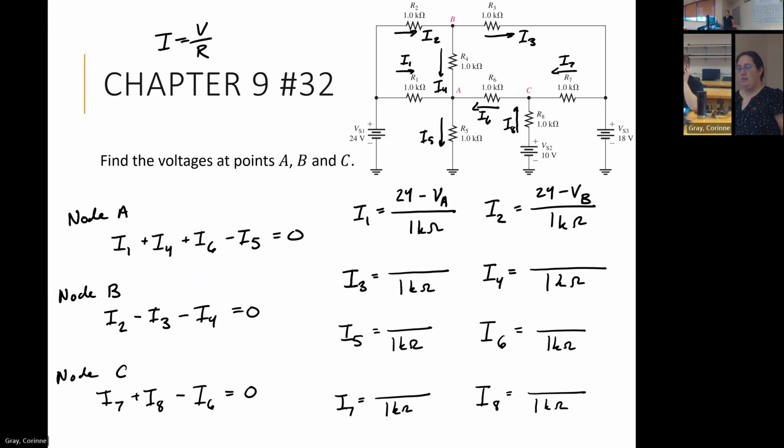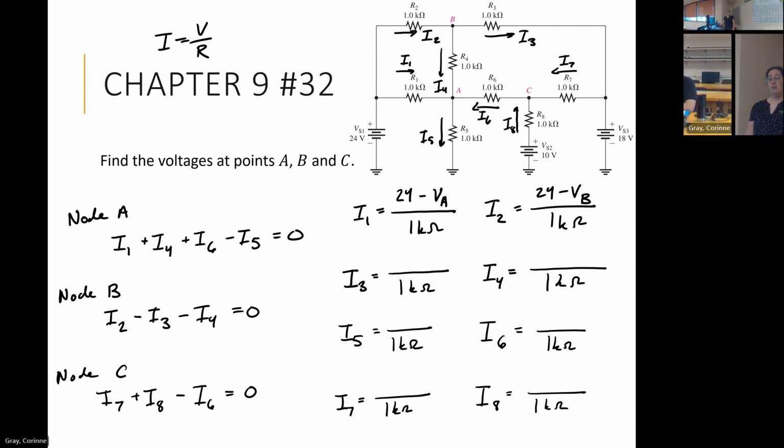Okay. So for I3, one of them is going to be VB. What is the other value going to be? Why is it 18? Let's see. If I go from B, I'm going to end up here, which is directly above my 18. So I need to figure out, is it VB minus 18 or is it 18 minus VB? That is the question that we have to answer.